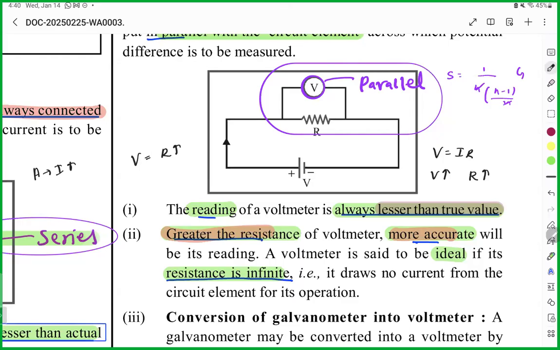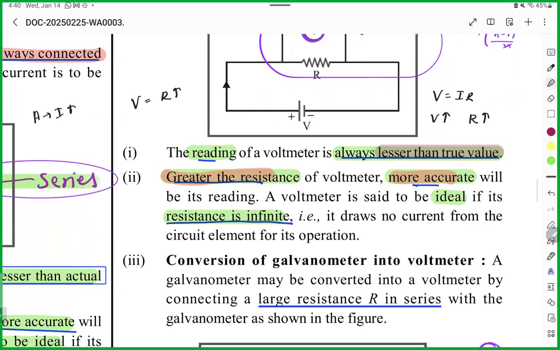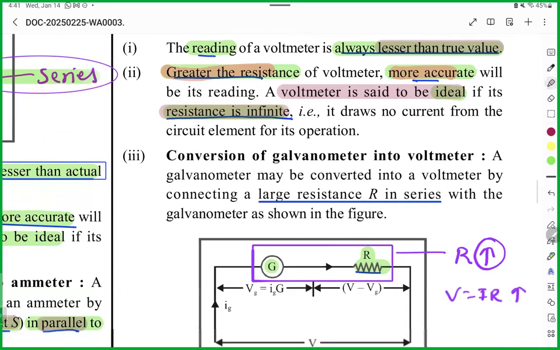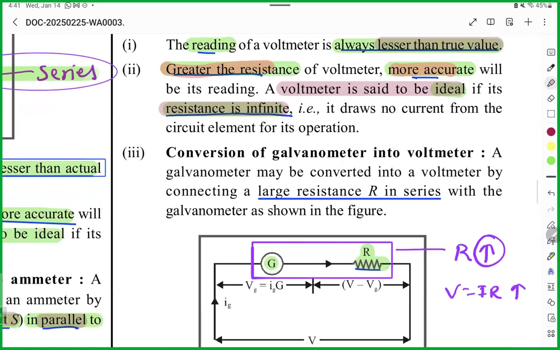Okay. So a voltmeter will be ideal if you have maximum resistance and minimum current. How to do this? First, it is parallel to the system, but the resistance is present in series with the galvanometer.